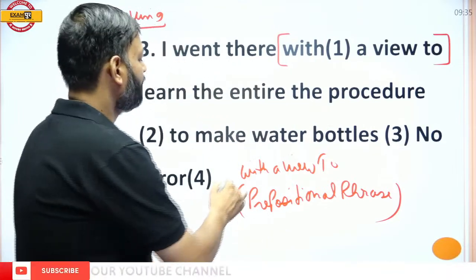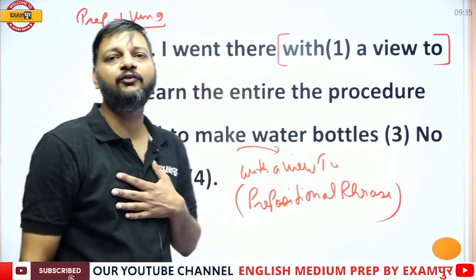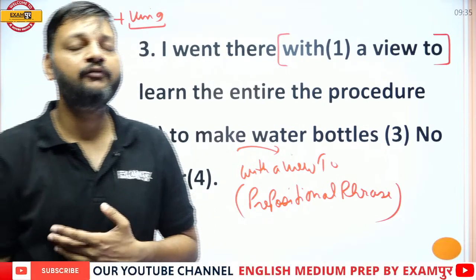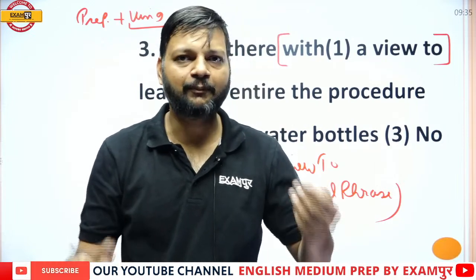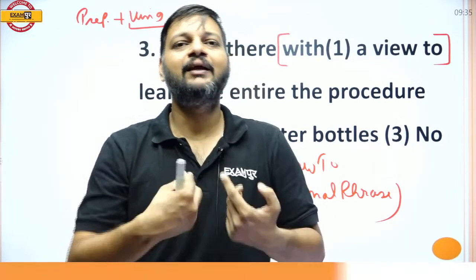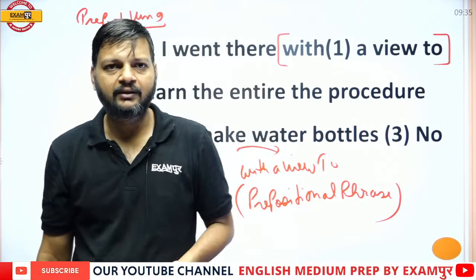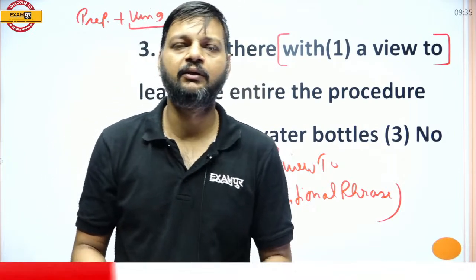And since with a view to means with intention. What is the meaning of with a view to? It means with intention. If I am going somewhere with a particular intention, we say with a view to. Like I am going to market, and in market I am going to buy vegetables.